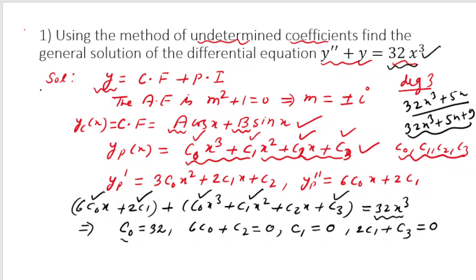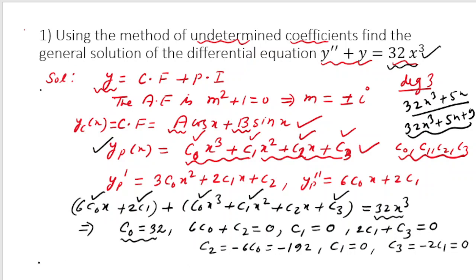Now if you look at C0, from this equation I can get C2, that is minus 6C0. So 32 into minus 6 will give me minus 192. C1 I already have got as 0, no problem. And what is C3? C3 is minus 2C1 and C1 is 0, so this will be equal to 0. So the particular integral part that I wanted to get, and for that I have selected this trial solution, is what?